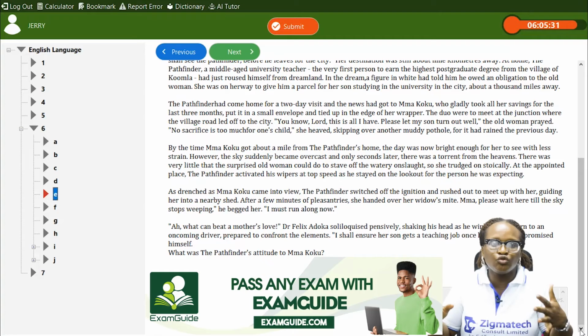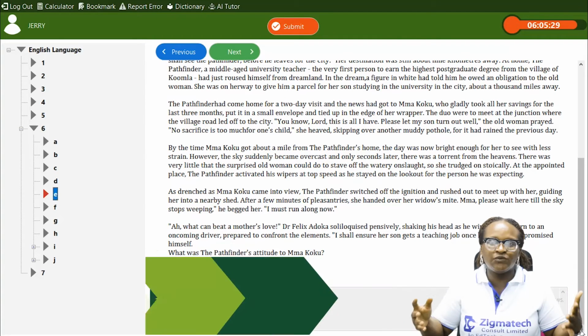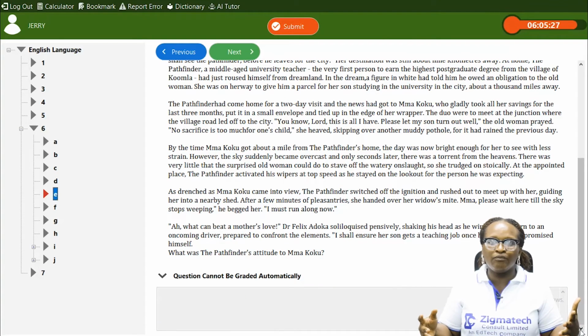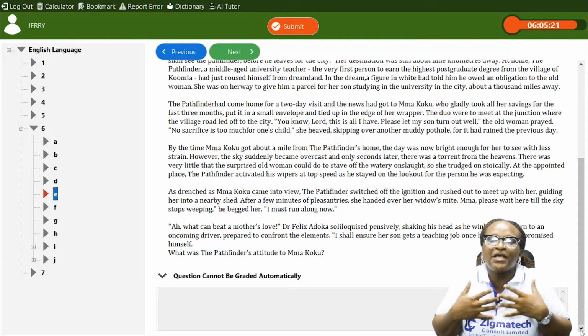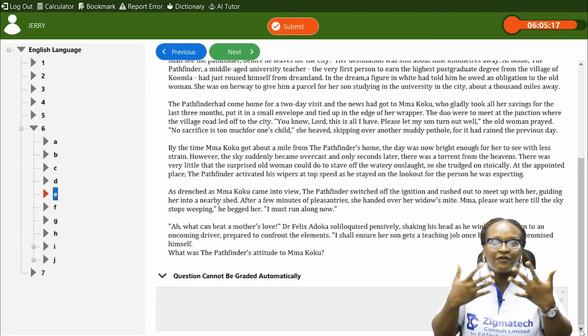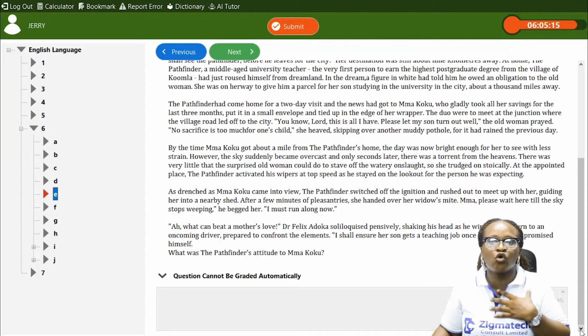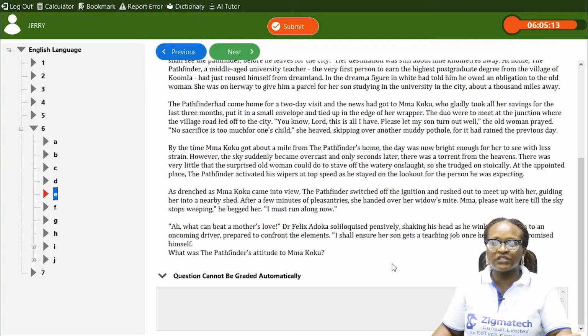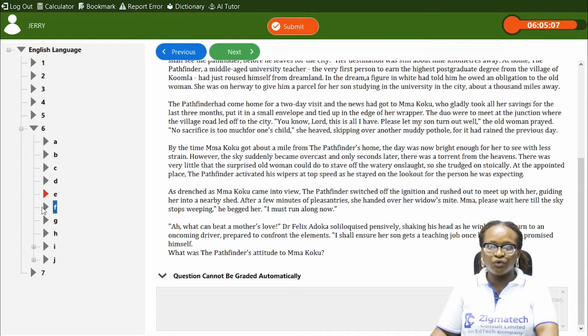No, attitude is a behavior. So what was his behavior? His attitude shown was that of what? Respect and empathy, a feeling towards mankind. When you see someone going through pains, you have that feeling to help the person. That's called empathy. So it was that of respect and what? Empathy. That was his attitude to Mmakoko.